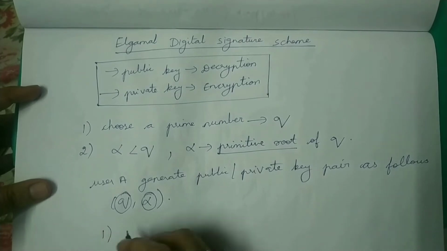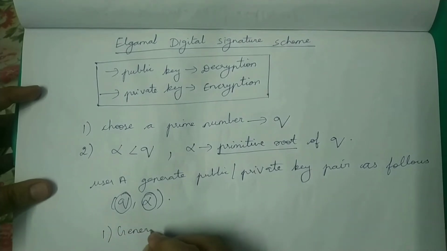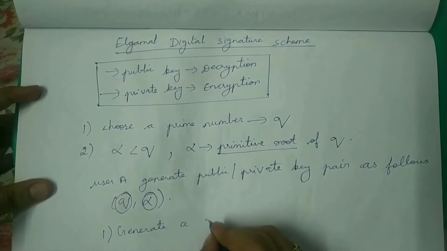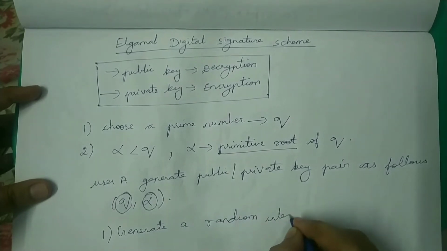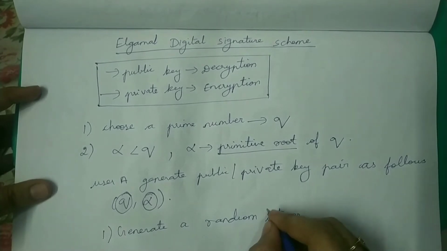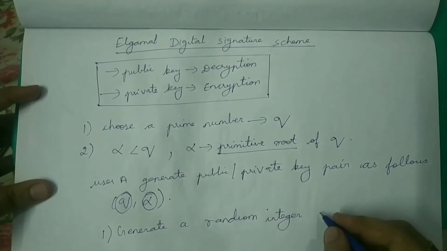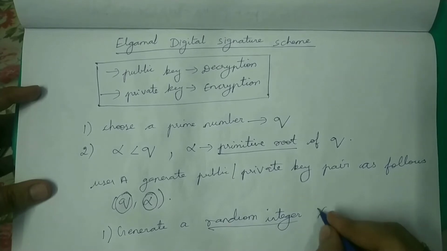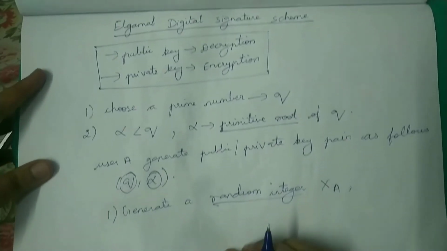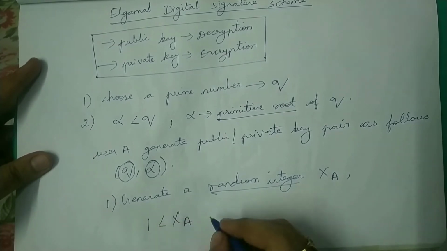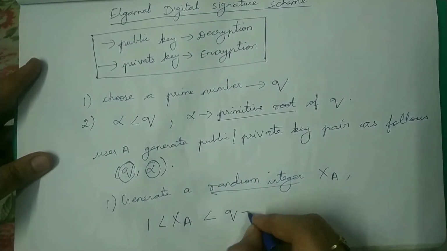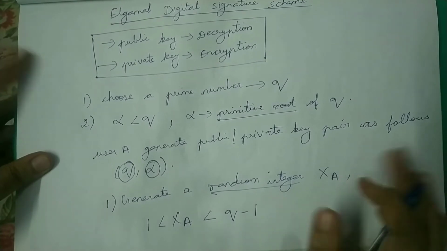The first step is we need to generate a random integer. So I'm going to denote this random integer as XA. And this XA must be greater than 1 and lesser than the prime number minus 1.